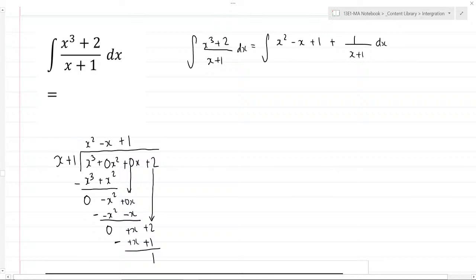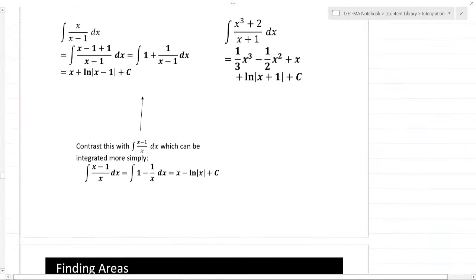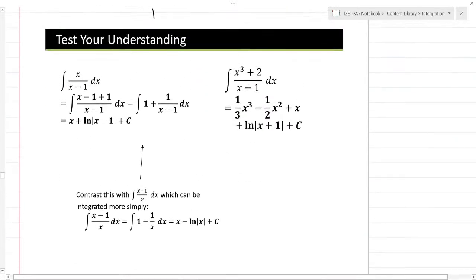So now when I integrate this, I end up with x cubed over 3 minus x squared over 2 plus x plus ln of mod x plus 1 plus c. Love it. Everybody happy with that? Don't like the fact that it's on the 2 lines. Alright, everybody alright with that, yeah?